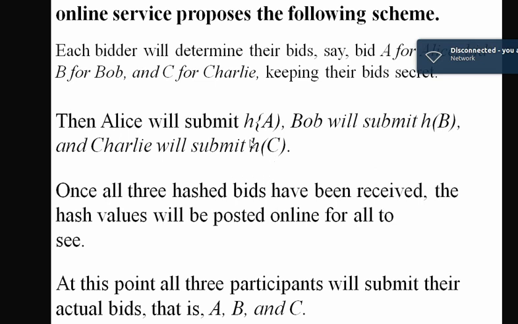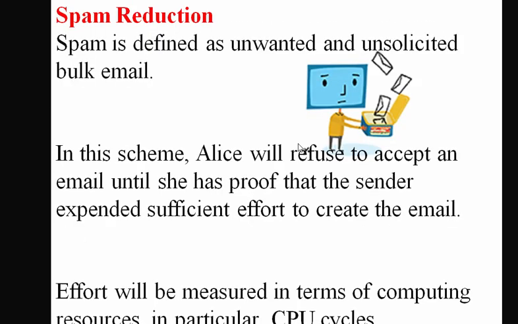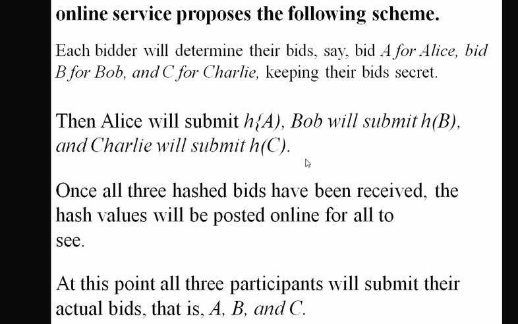Once all three hashed bids have been received, the hash values will be posted online for all to see. At this point, all three participants will submit their actual bids, that is A, B and C, and the bid is allocated. So through this hash we can easily secure our bidding, so nobody can cheat to get the value.